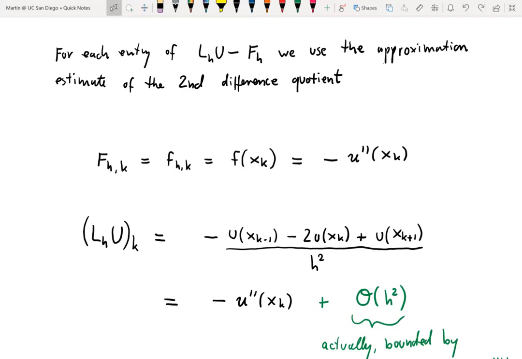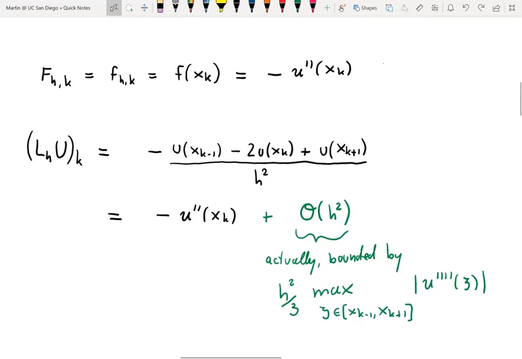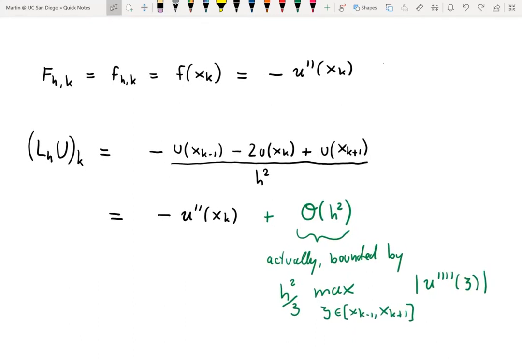And in fact, if we take a look back at what we have derived about the difference quotient, then more precisely we can say that the term is bounded by h squared over 3 times the maximum of the fourth derivative of u at zeta, where zeta is taken between xk minus 1 and xk plus 1.